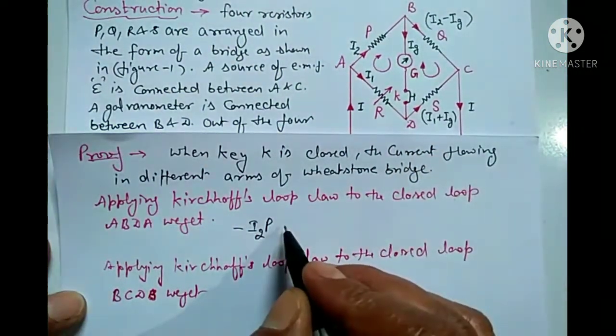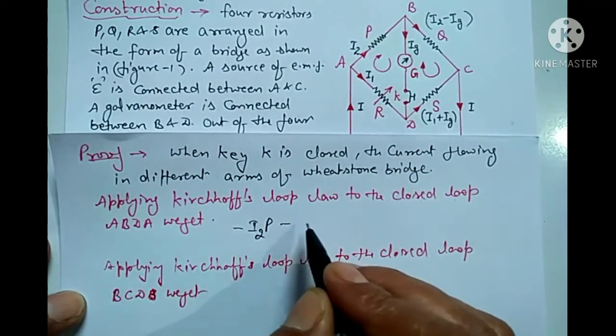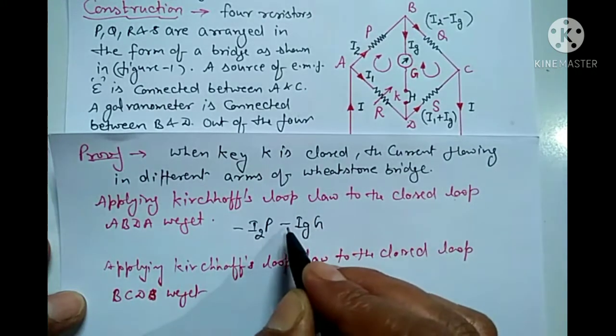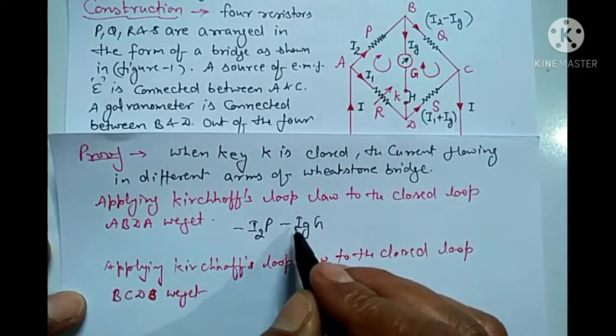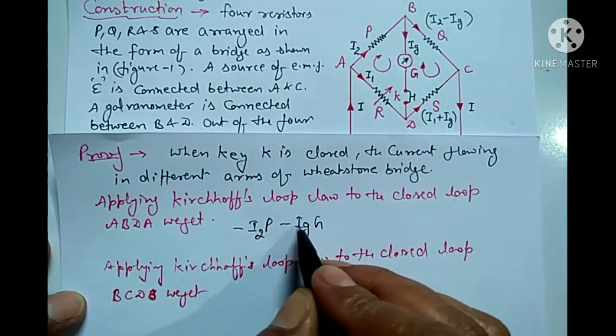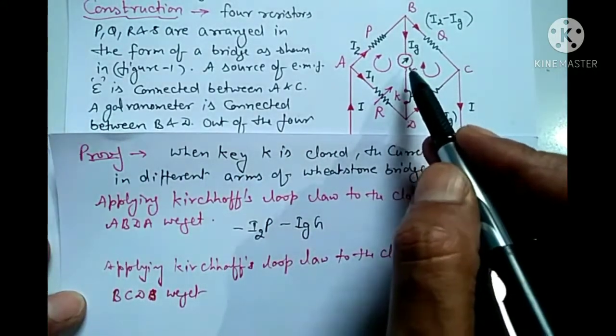So the current through the galvanometer is Ig, and the potential across this galvanometer is minus Ig G. If my direction and the direction of current are the same, then we take a negative sign.